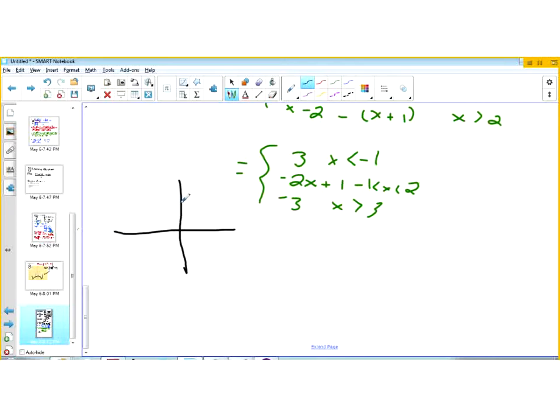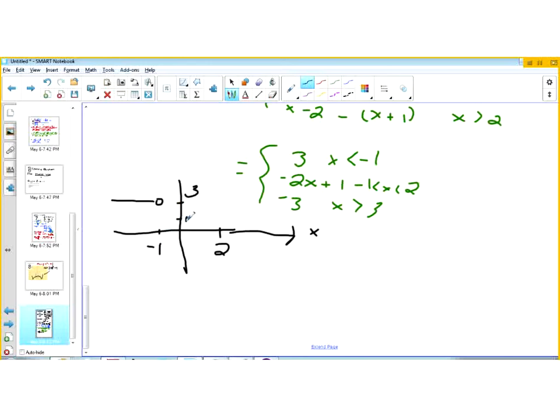So our graph would be something like this. So here's -1. Here's 2. It's my x-axis. So for x less than -1, our output would be 3. This would be 3 right here.